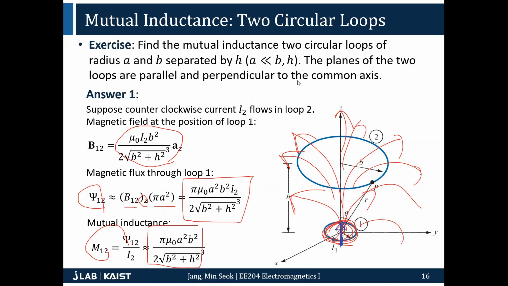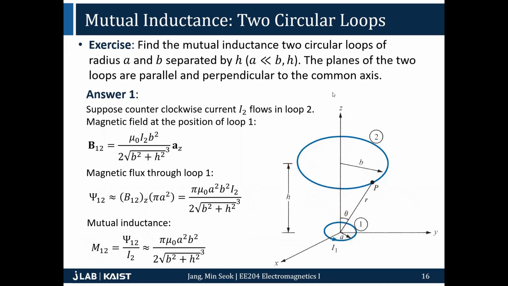In this case, of course, you have to carefully calculate, because you cannot ignore the variation of the B field within the circuit. But at least you can approximate this as a dipole. There's no problem doing that, right? Because a is much, much smaller than h or B. That's the condition for the dipole approximation.